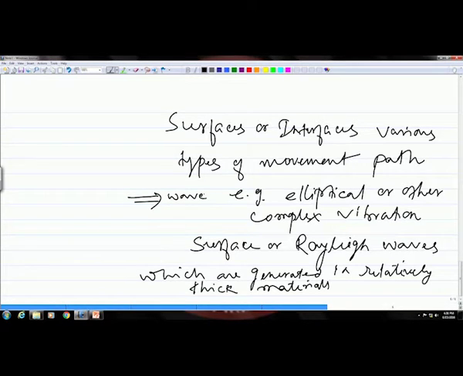So, you can have a particle movement path like this, like in an elliptical path, as I said. So, this will be the movement of the particles, and through this kind of movement you will generate a motion for the waves in the horizontal direction. Okay. So, this kind of waves which are generated at surfaces or interfaces in thick materials, they are known as surface or Rayleigh waves.